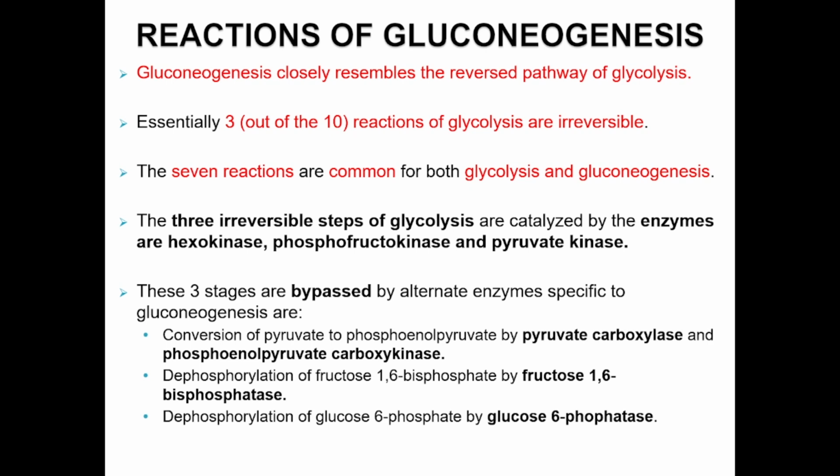It works on fructose 1,6-bisphosphate, and since it removes one phosphate to produce fructose 6-phosphate, we call it fructose 1,6-bisphosphatase. The other one converts glucose 6-phosphate to glucose, and it is the same. Since it works on glucose 6-phosphate and just removes the phosphate group, we call it glucose 6-phosphatase.